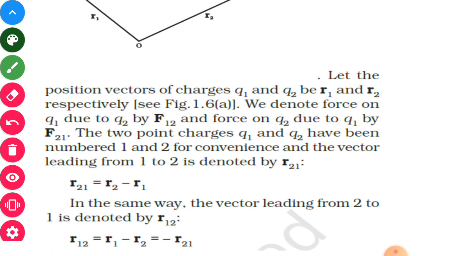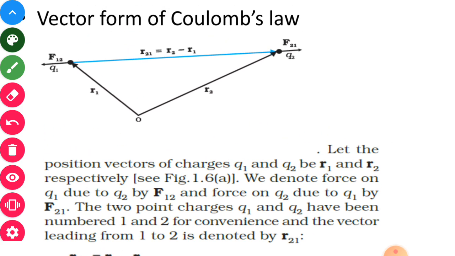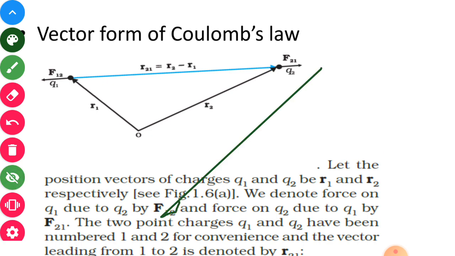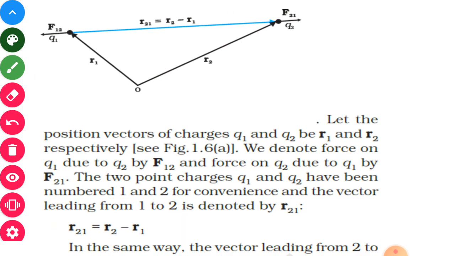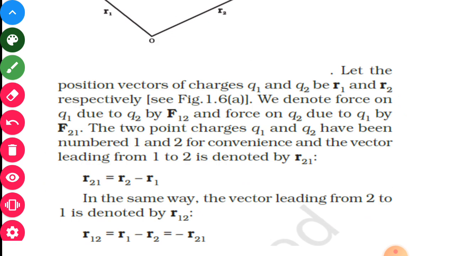And if you want to find the force on this particular charge, then the repulsive force will be in this direction if both are positive charges. Then force on 1 by 2 will be in the opposite direction of F21. So instead of vector r21, we should take the vector r12, and that will be r1 minus r2. So that is written here.